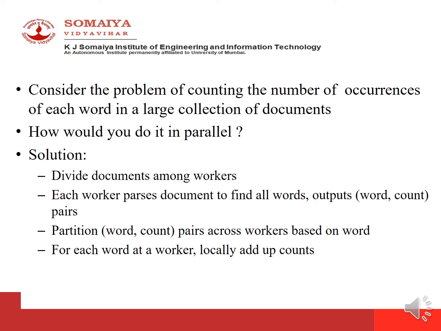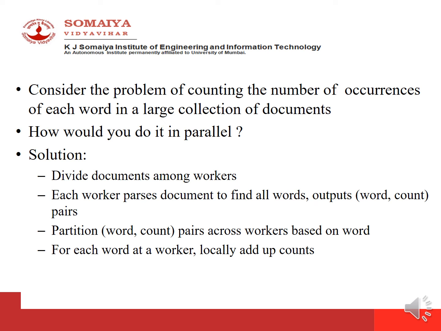So to do this, we'll divide the documents among several workers. These workers, we call them either map workers or reduce workers. Initially, we'll divide the input into a number of splits and assign each split to one of the map workers.